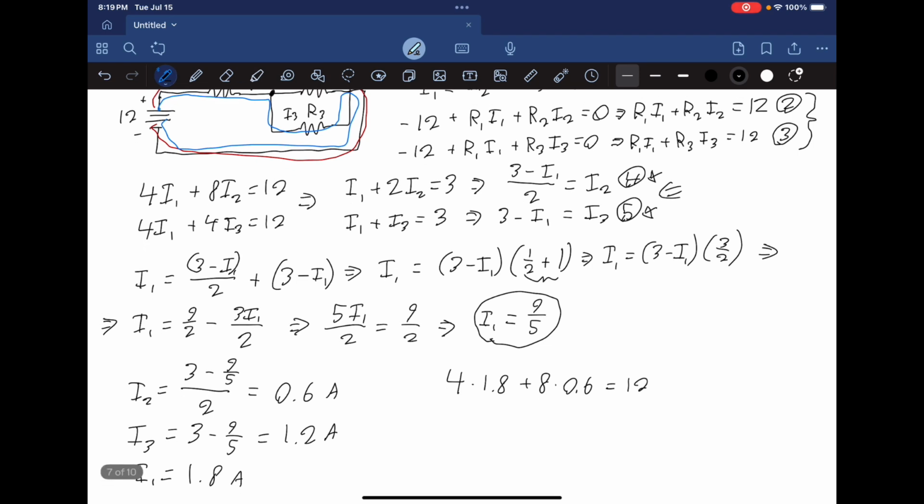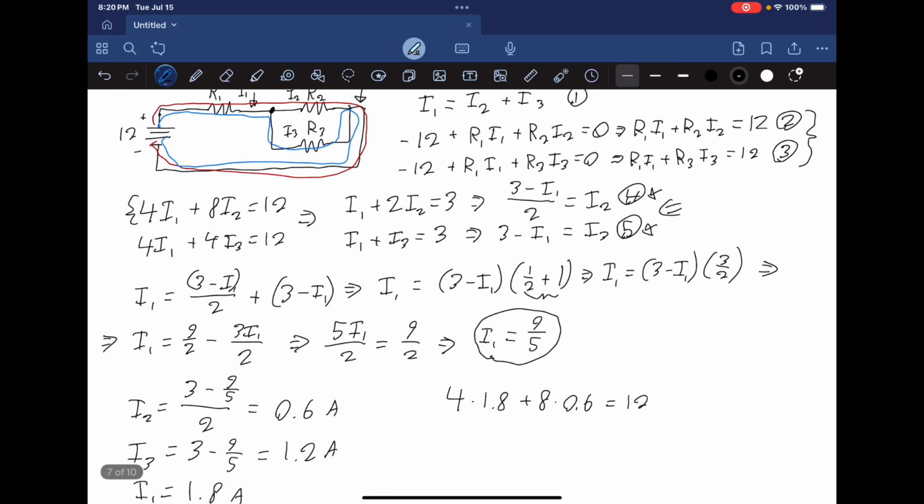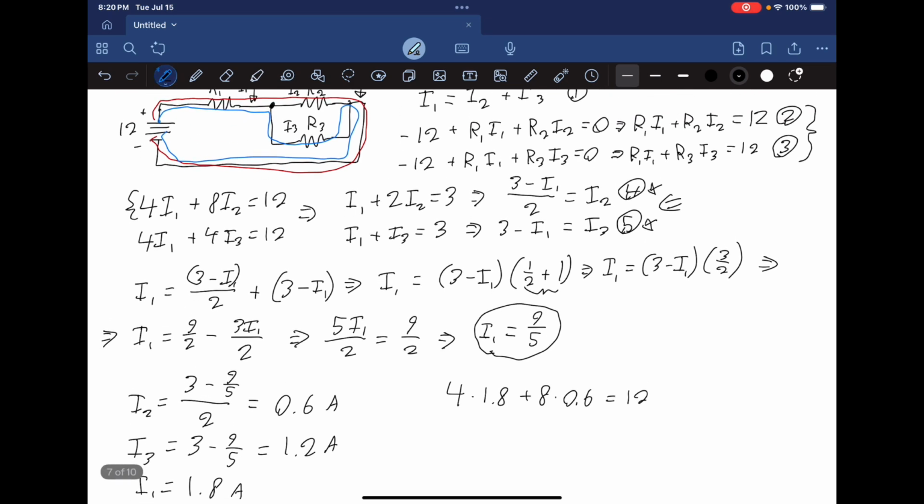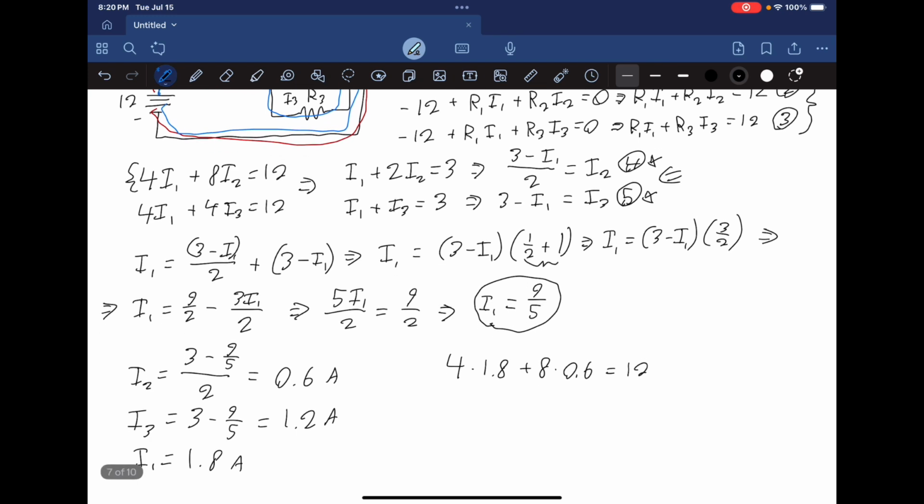So you remember I said earlier right here, be careful you don't just automatically sum numbers, because we found that I1 and I2 were not actually just equal to 1. They're equal to 1.8 and 0.6 respectively. So we're going to solve the last equation, equation 3, to verify that the blue loop satisfies Kirchhoff's voltage law.